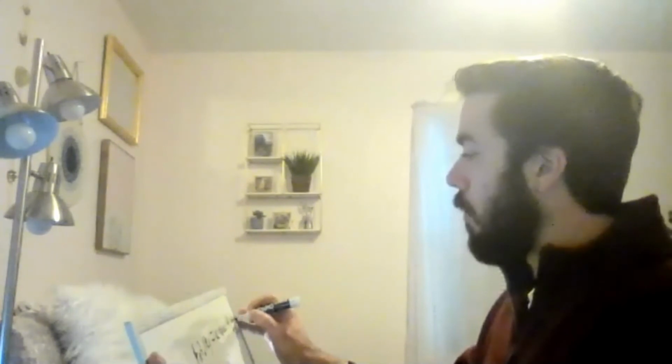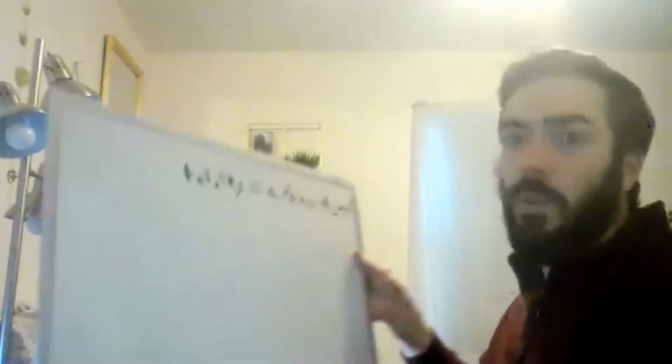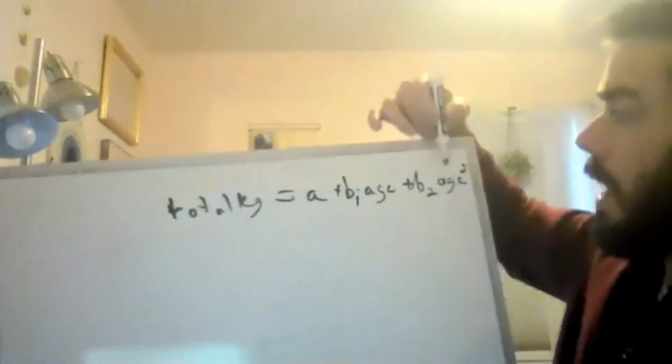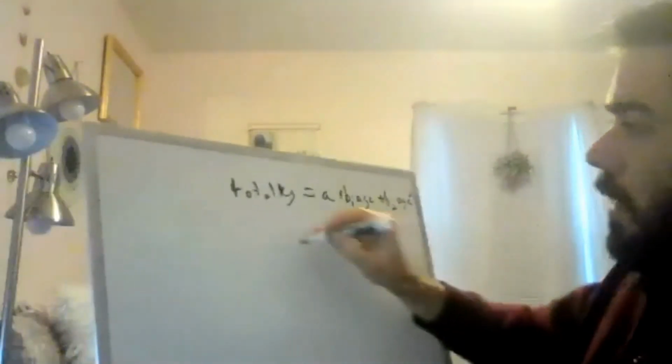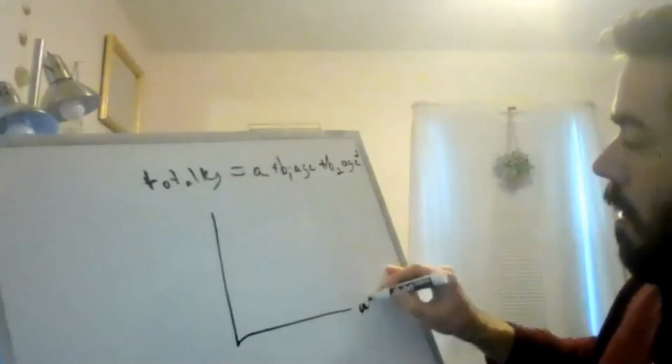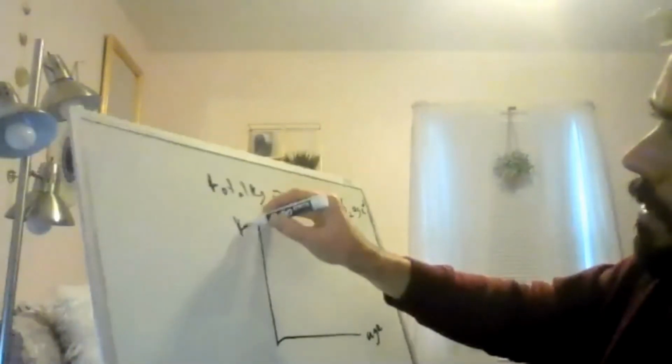Let me get this written in here. We had other variables, but the two that we're really focusing on here are age and the age squared variable. So we've got age and the kilograms lifted.